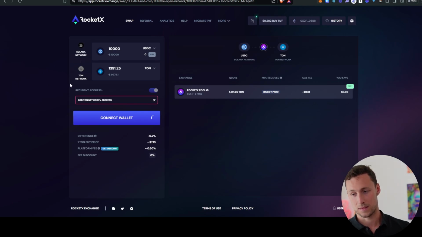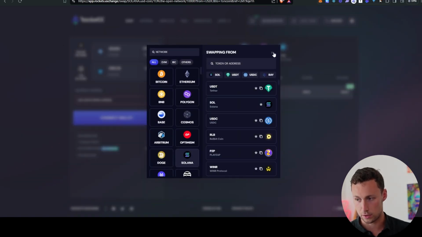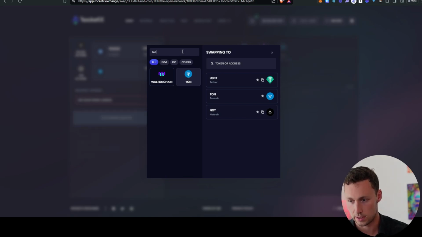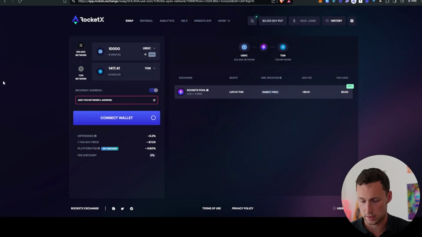RocketX is basically like an on-chain exchange because it taps into the liquidity of centralized exchanges. However, you can do it directly through your crypto wallet. So you can go from Solana, you can go from Ethereum, you can go from other networks, and you can go directly to Ton on here. And so that was the best way I found to actually get Ton, and make sure as you're bringing funds over, you convert them to Ton. That way you actually have something to pay transaction fees.